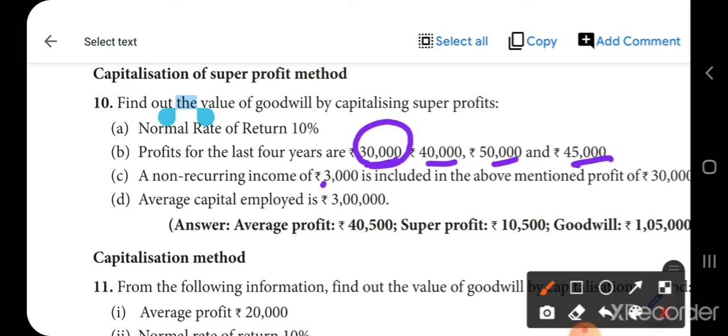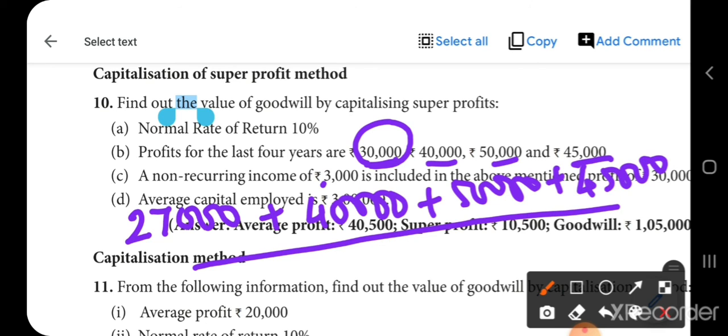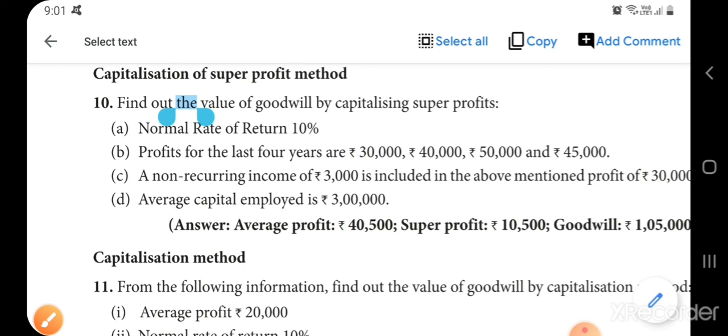So 30,000 minus 3,000, the profit for the first year will be 27,000, plus 40,000 for the second year, third year 50,000, plus 45,000 for the last year, divided by number of years, 1, 2, 3, 4 years. Now you will know the average profit and normal profit. It is easy to find the super profit, then calculate the value of goodwill.